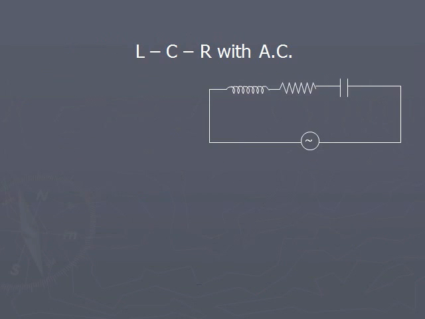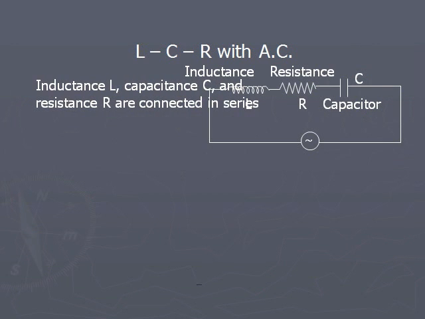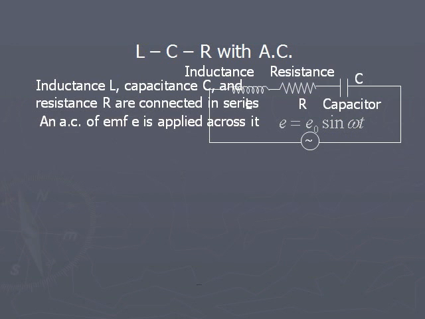An AC EMF is applied across the series combination of L, C and R: inductance, resistance and capacitance. These three are connected in series and an alternating source is applied. L is the inductance of the inductor, C is the capacitance of the capacitor, R is the resistance of the resistor.